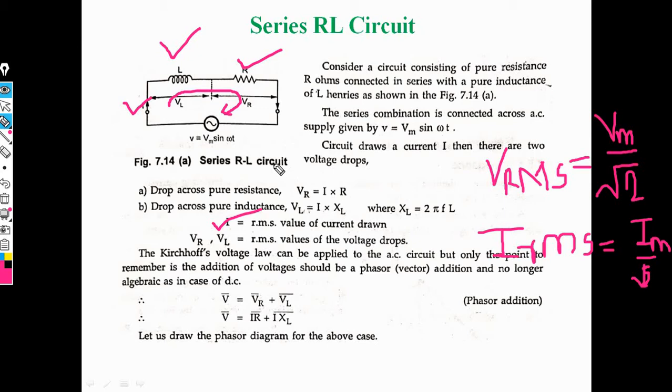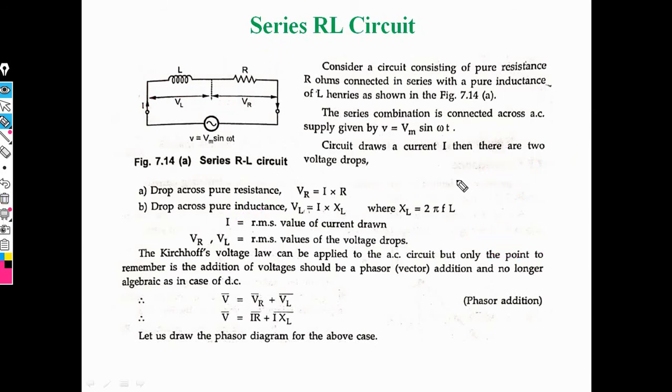Now we have to calculate the total voltage drop between the resistance and the inductance. The total voltage drop V is the sum of the voltage drop across the resistance and the voltage drop across the inductance, using the magnitudes of VR and VL.